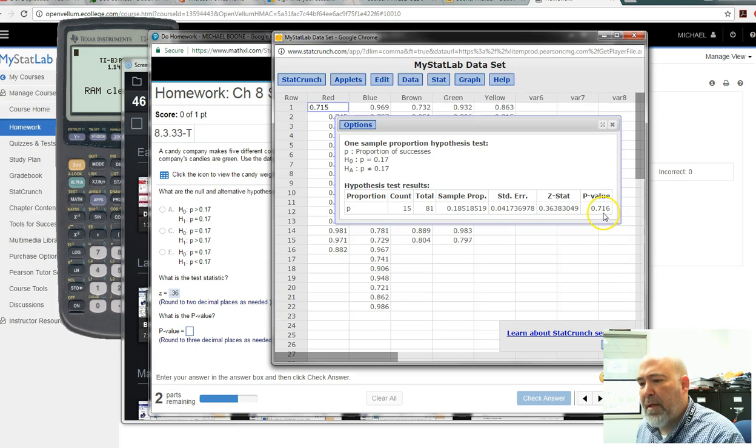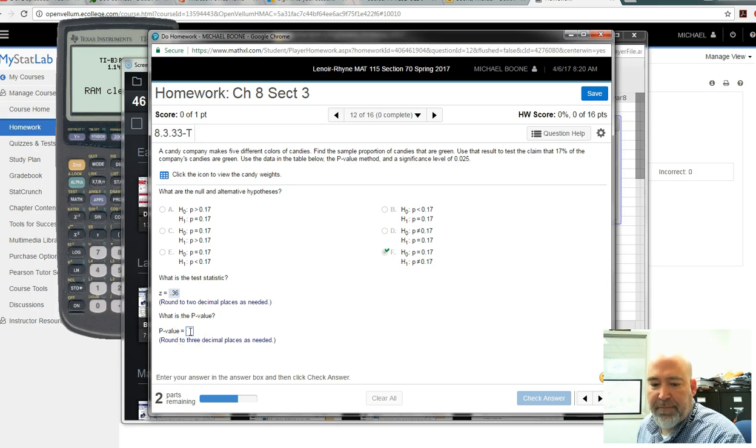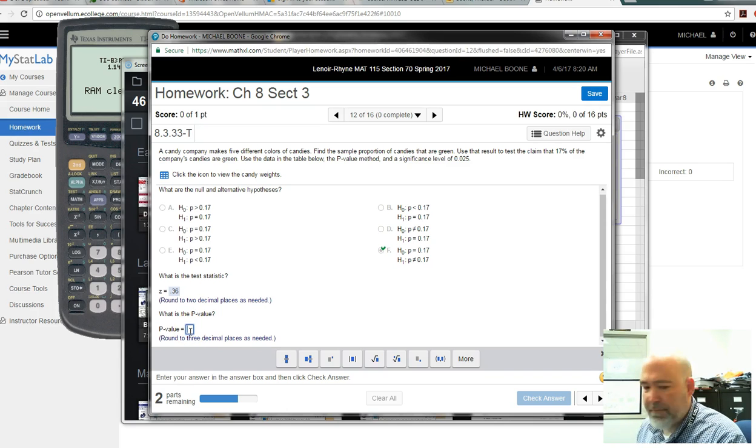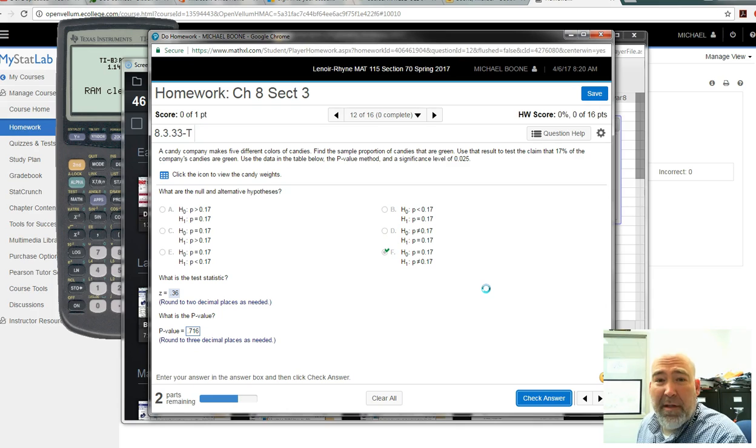Going back to that, my p-value is 0.716. And we will check that. And it should like that as well. And then we're probably going to have to make a conclusion.